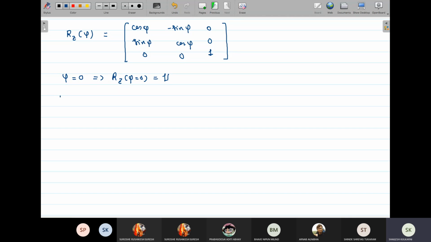Now what will be Rz of delta phi? You think of this as a Taylor series expansion about phi equal to 0.